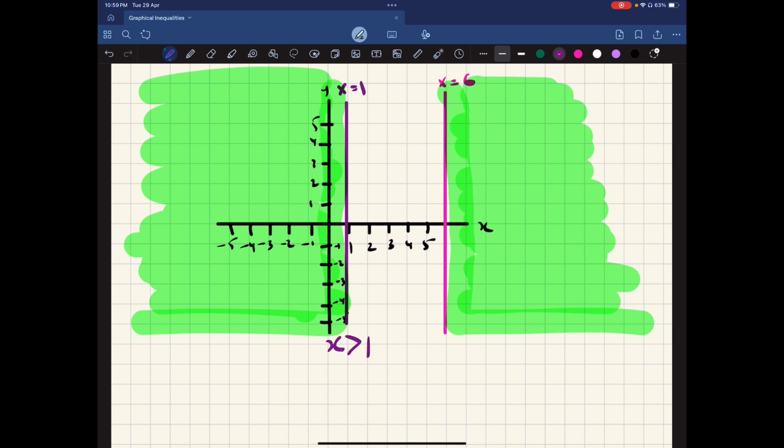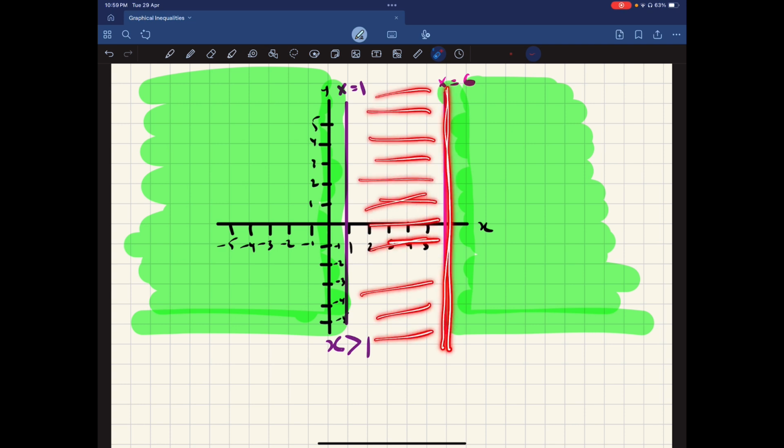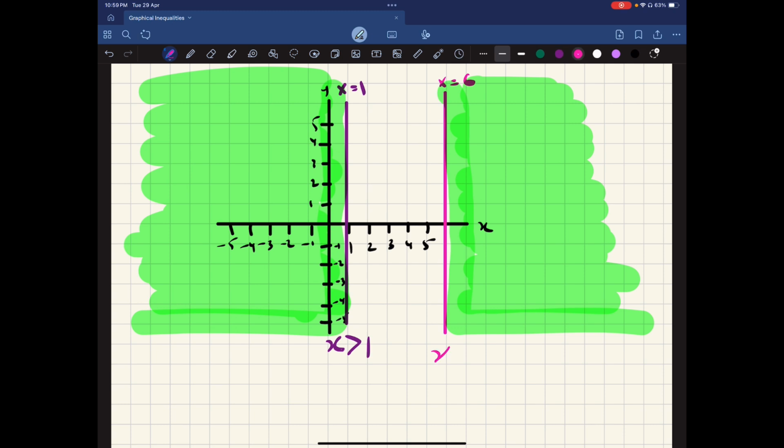Now let's have a look at the second line. This is x equals 6. The wanted region is on the left of the line. So when the wanted region is on the left, we always put a less than sign. Okay, so in this case, x is less than 6.